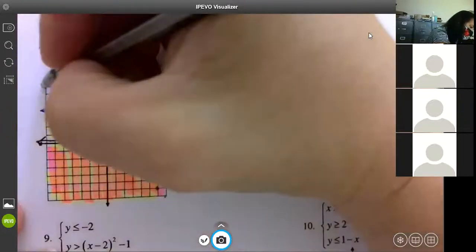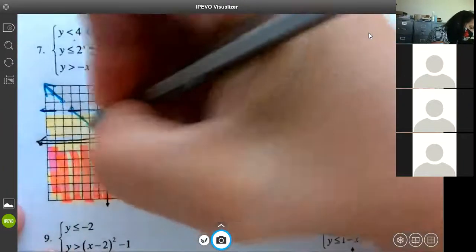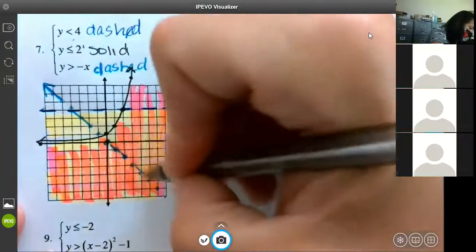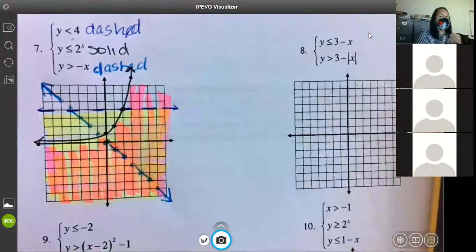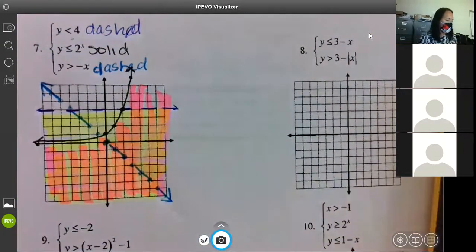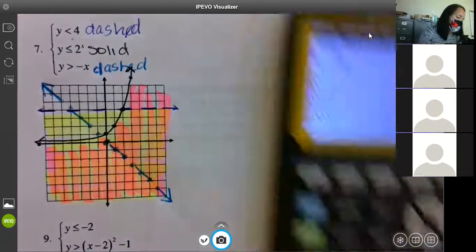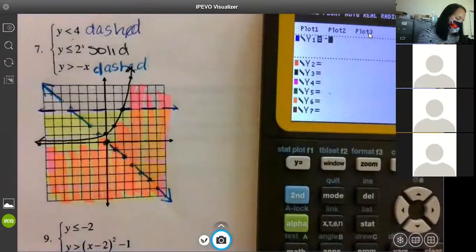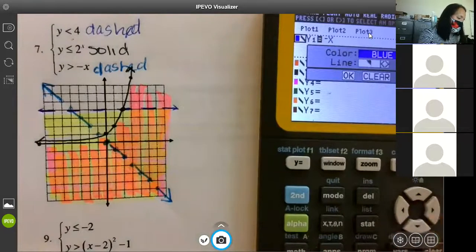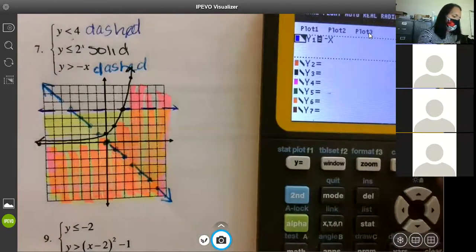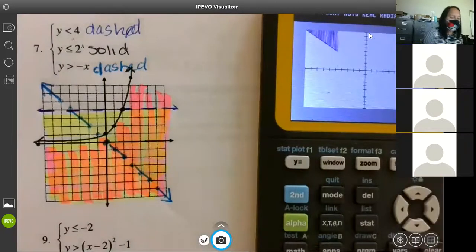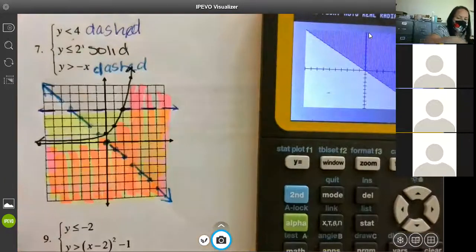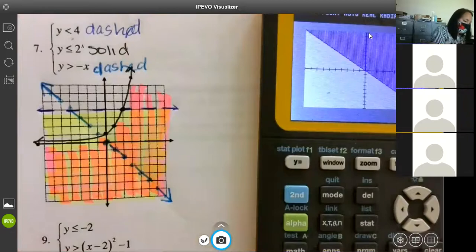Again, dashed. Just as long as I can tell it's dashed, it doesn't matter what it looks like. And if you're not sure, you can put it in your calculator. And this one is greater than, and we can see that we shade above. And green.